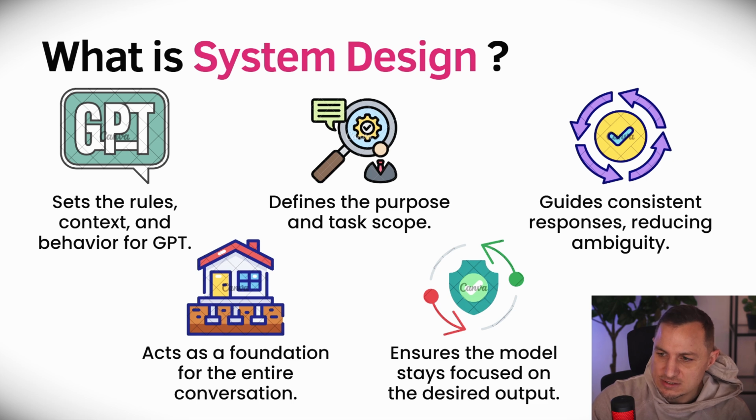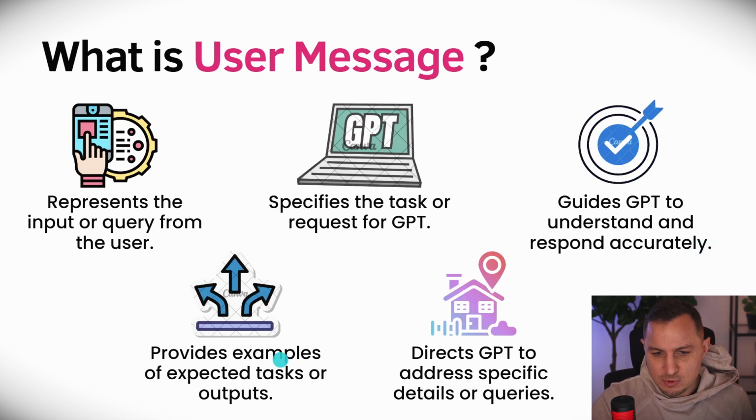So it provides the context and defines the module's purpose, ensuring it stays focused on the task. For example, it might instruct the GPT model to extract specific fields from a form and return data in a structured JSON format, like we saw. And this message helps guide the model consistently, minimizing ambiguity in its responses, which is pretty important, right?